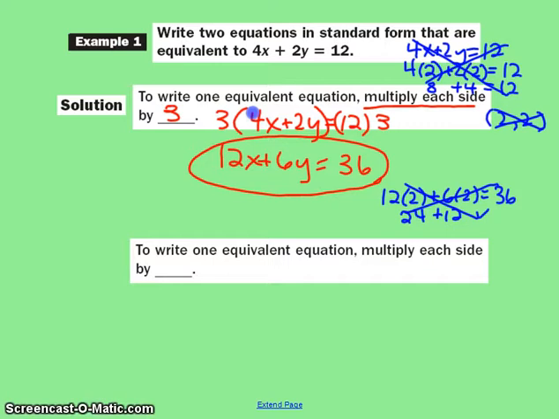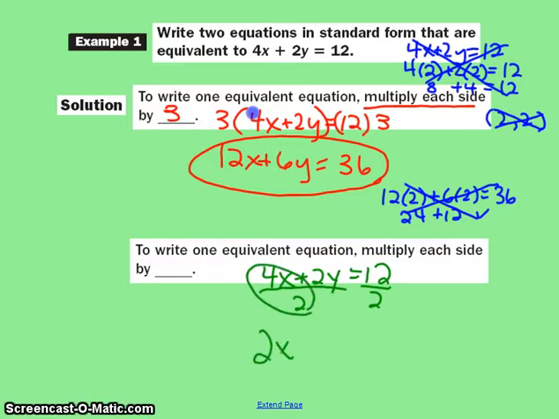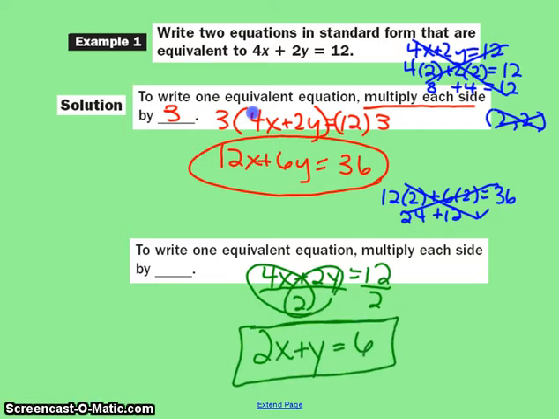Now remember, multiplying doesn't always mean what you think it does. Do you notice that 4x plus 2y equals 12 are all even and can all be divided by 2? You can actually do that as well, and you get 2x plus y equals 6. You're actually still multiplying, but this time by 1/2.